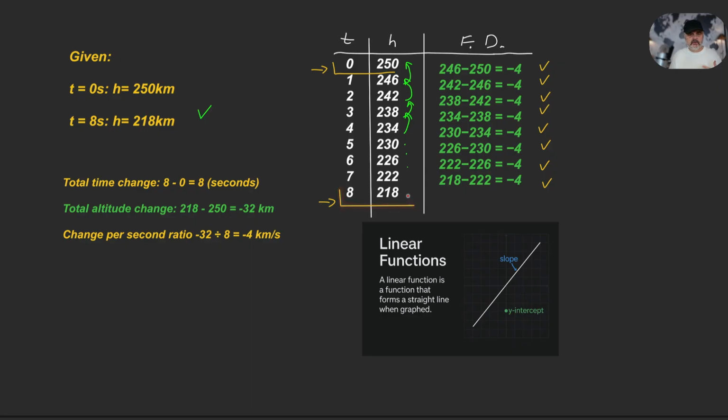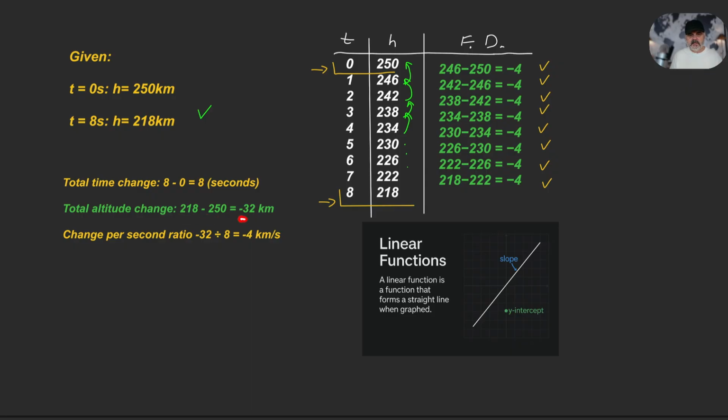Knowing that the height descent occurs at the constant rate, let's find the rate of change by using the last point and the first point. So the time difference between 0 and 8 obviously is 8 seconds. The time and the altitude, so you go 218 minus 250.